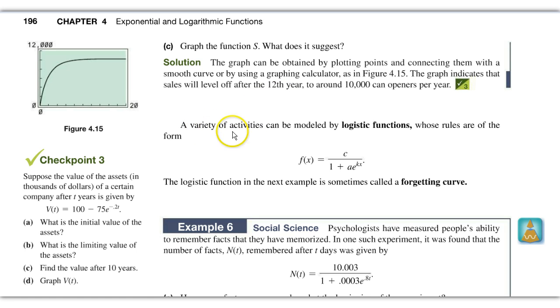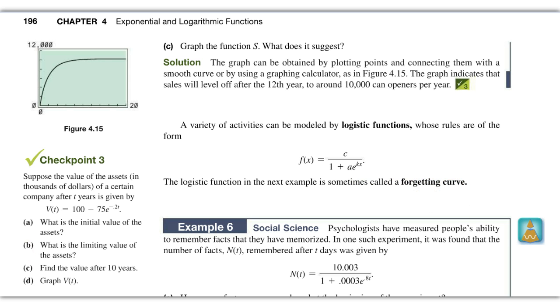Okay, a variety of activities can be modeled by logistic functions whose rule forms this. The logistic function, in the next example, is sometimes called a forgetting curve.